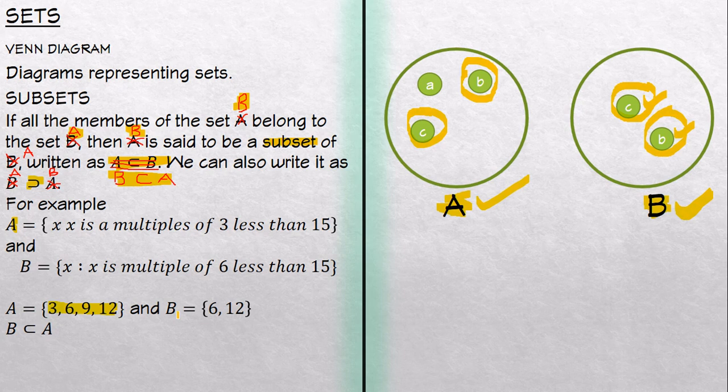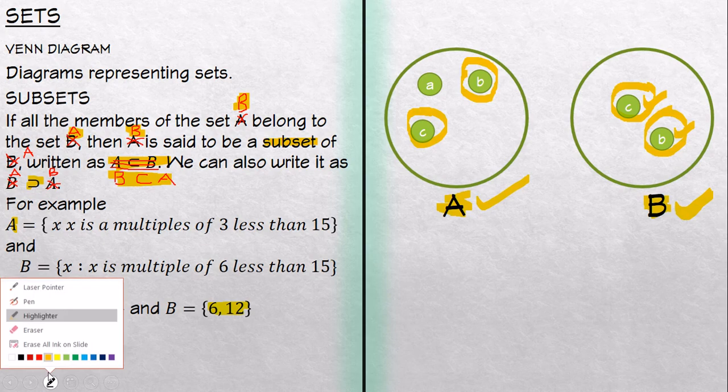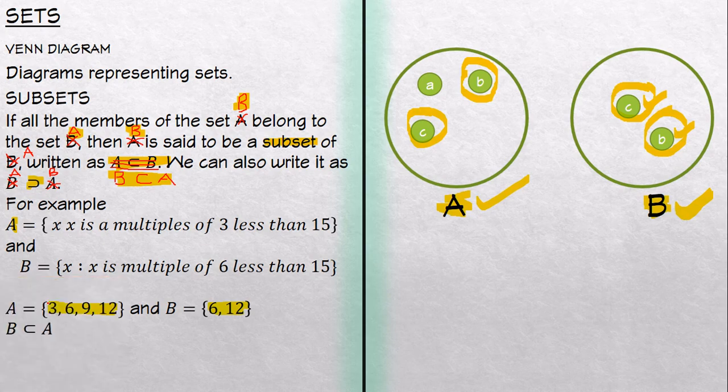And then we have B, which is X is a multiple of 6 less than 15. So we have 6 and we have 12. So you realize that in this case, B is a subset of A because all the elements in this set over here are also contained in this set over here.